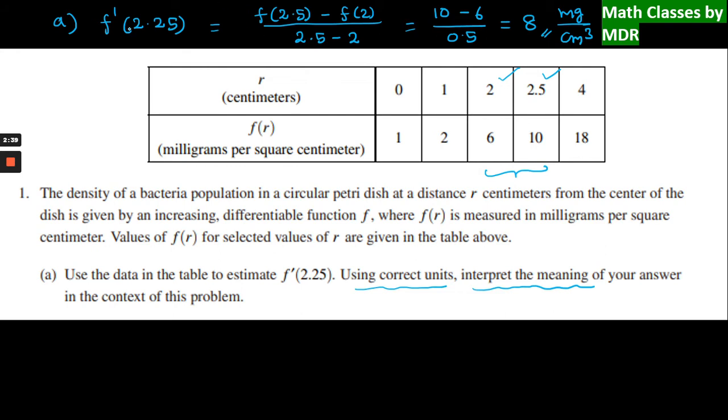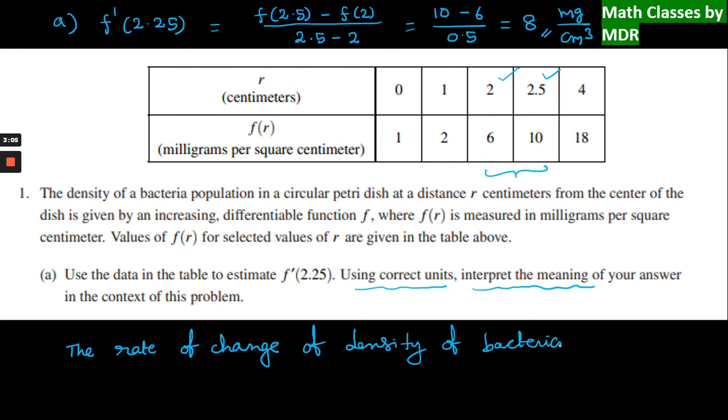So what do you see here? f prime of 2.25 says that it is the rate of change of density of bacteria, with respect to the distance, isn't it?